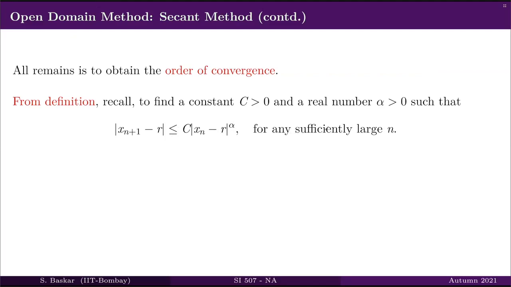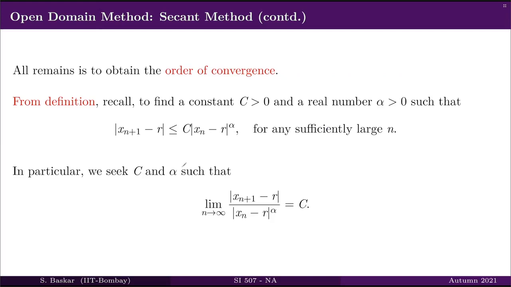If you recall, this definition is given in chapter 1 of our course. In particular, in this proof, we will try to find the constants C and alpha such that the limit as n tends to infinity of |x_{n+1} - r| divided by |x_n - r|^alpha is equal to C. Without loss of generality, we have assumed that x_n is not equal to r for all n.